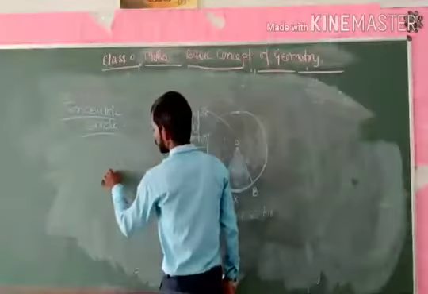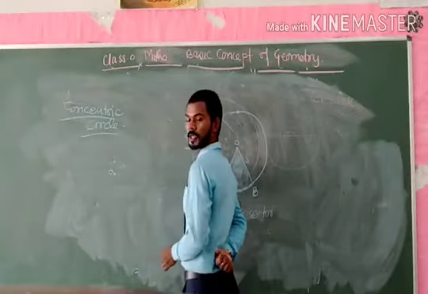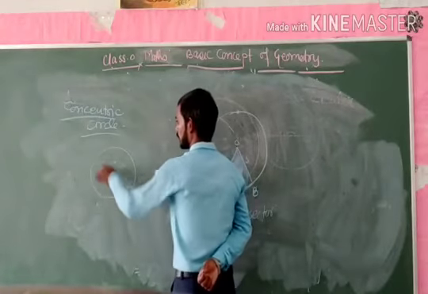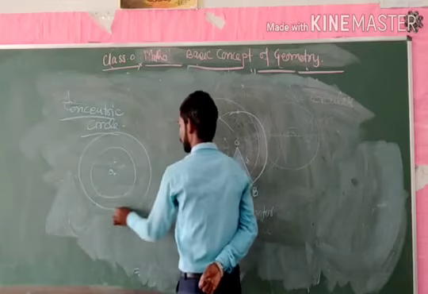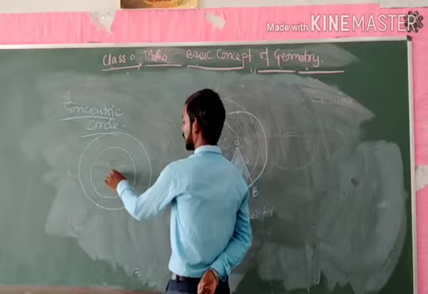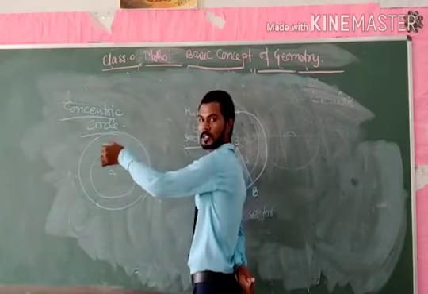Here we can see that O is any point, and this is the first circle and this is the second circle. Here O is the same center for both circles.